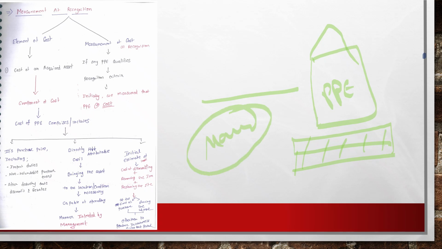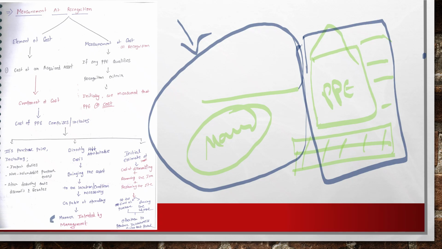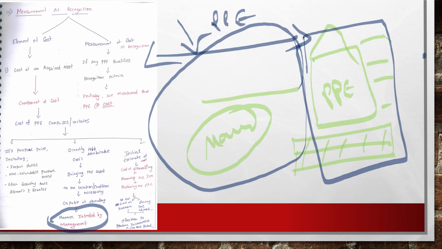So until the management puts that asset to use for the final output, till that stage, whatever costs are incurred by the company to build that asset as intended by the management, until that stage, all costs should be accounted under PPE. I hope you understand this also.